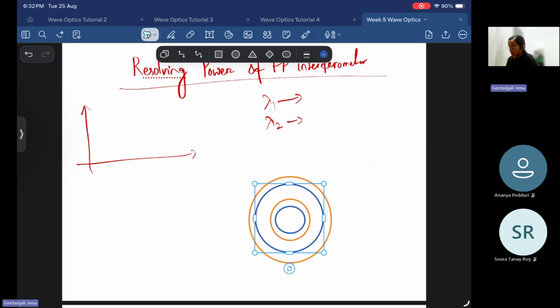So on the screen, we'll see fringe patterns because of these two wavelengths.